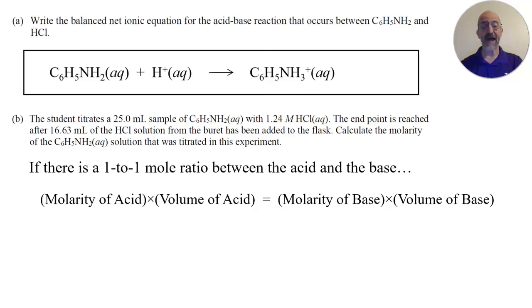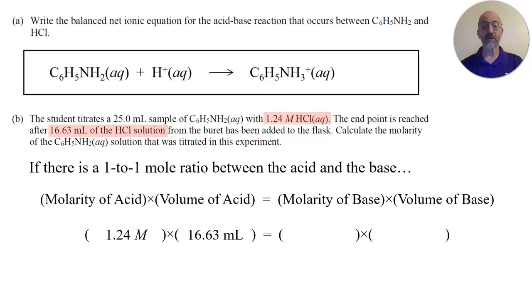What's my molarity of my acid in this problem? It's 1.24. What's my volume of acid? 16.63 milliliters. Now, I don't have to convert that into liters. As long as I use milliliters on both the left side and the right side of the equation, the answer will work out. As long as the units of volume are the same, they could be either both milliliters or both liters.